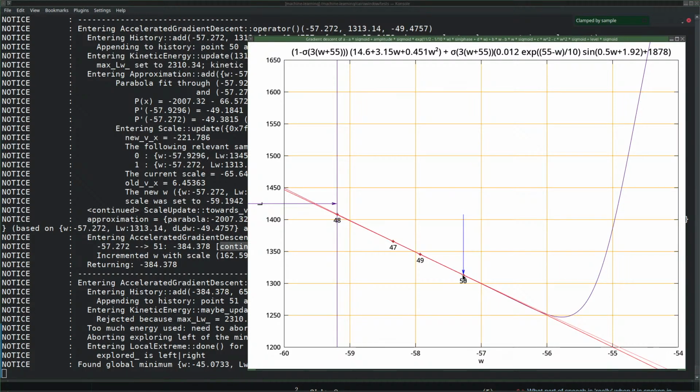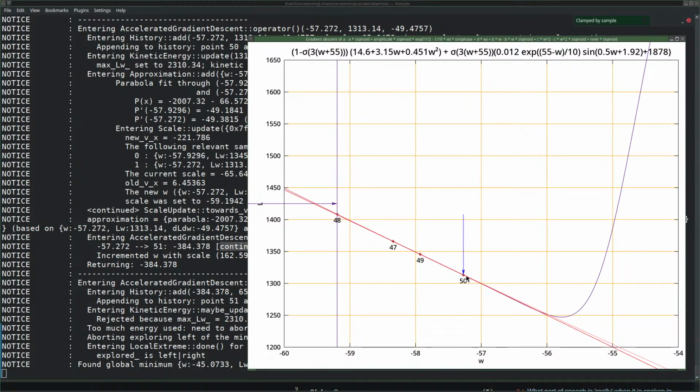But then suddenly we don't see a minimum anymore because now the parabola looks like this. And at that moment it says, okay, let's go in the same direction. And that direction is that direction. So then it jumps to the left.